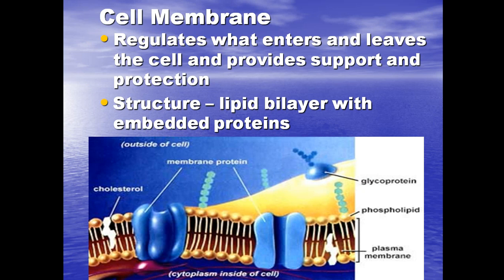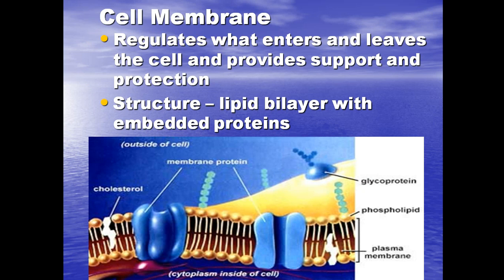Then, another important point: in order to understand the structure, we should know the roles played by the plasma membrane. One is that it forms the boundary, it protects the boundary, it encloses or encircles the cell. That's one important thing. The second important function of the plasma membrane is to regulate what enters and what leaves the cell.